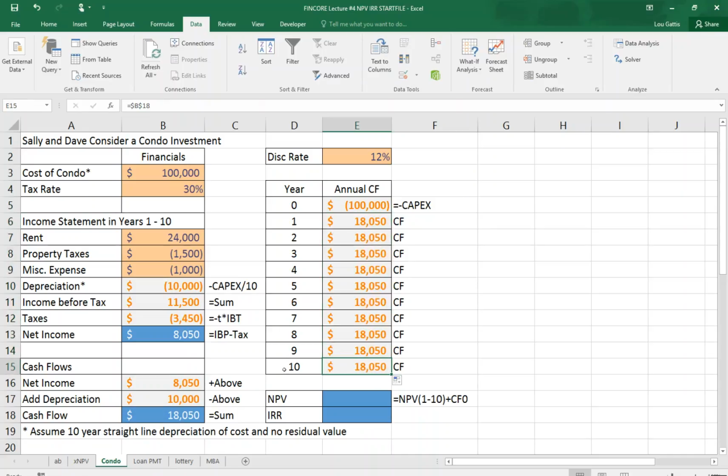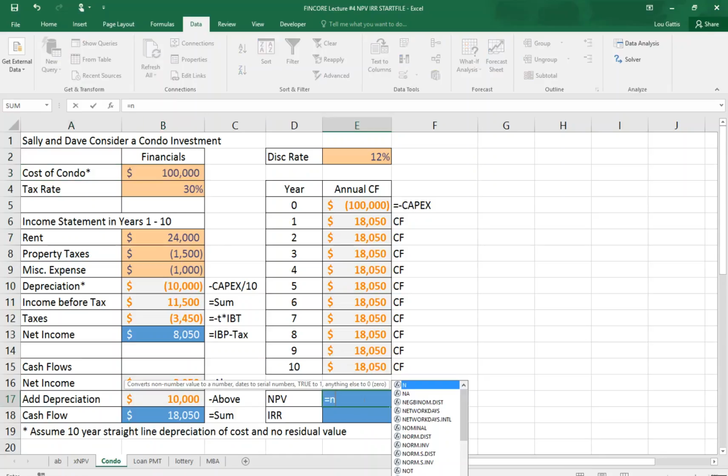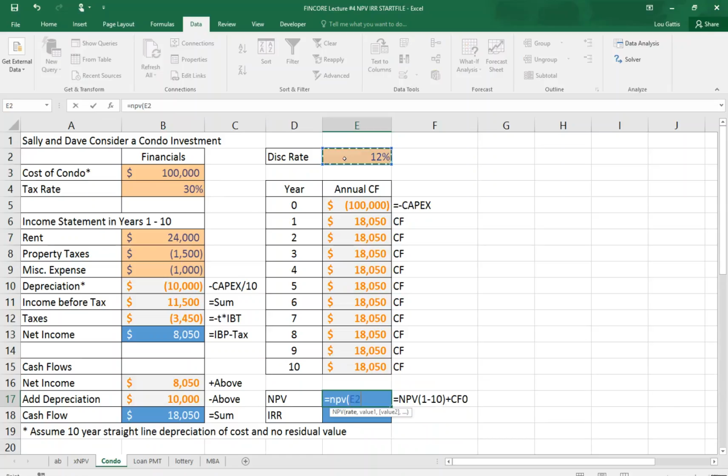And assuming that the condo is worthless at the end of 10 years, we can calculate an NPV. So I'll do an NPV where I put in a discount rate, anchor it, comma, your cash flows 1 through 10, close it off, and add the first negative investment there. So I get an NPV of $1,987.